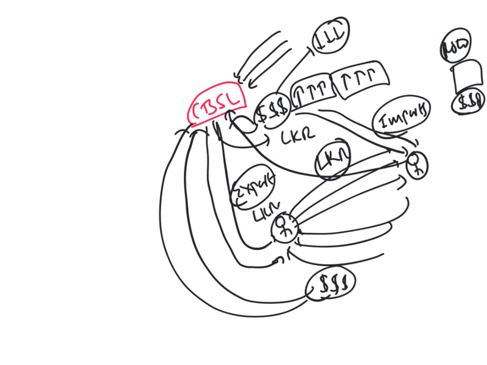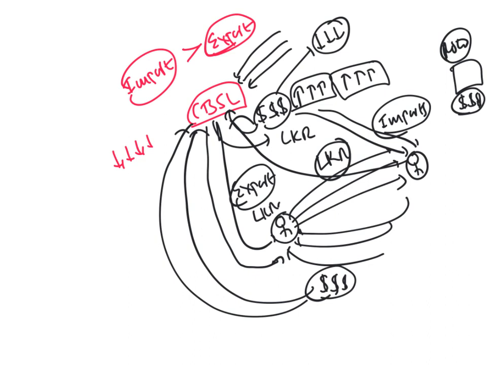Unfortunately, for the last few years, what happened in Sri Lanka? These import transactions were much more than these export transactions, because of which the central bank's foreign exchange reserves have gone down, which has also led to a current account deficit.